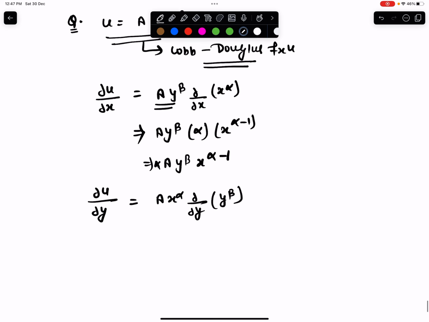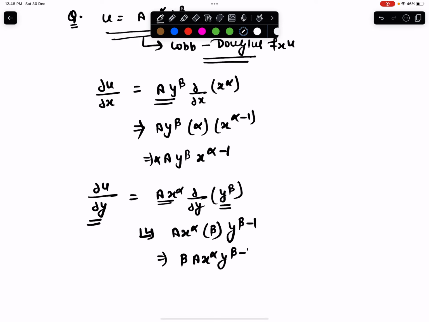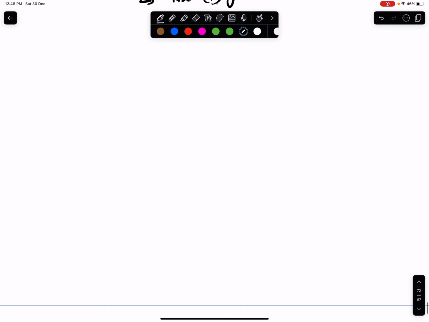As we differentiate with respect to y, we differentiate only the variables of y. Other variables remain constant, so this becomes a x alpha beta y raised to the power beta minus 1. This is beta a x alpha y beta minus 1. This is the partial derivative of this.